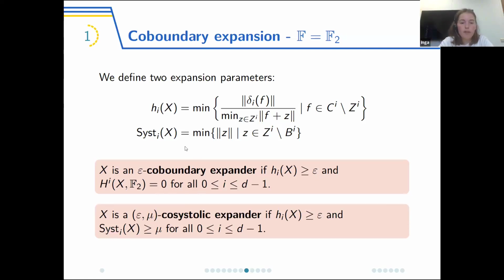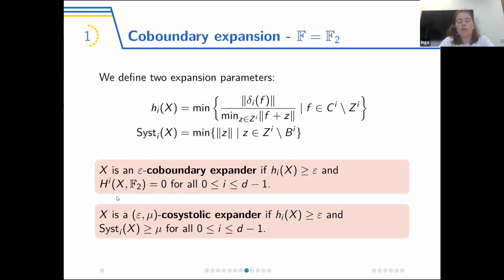And we call a simplicial complex an epsilon coboundary expander if this coboundary expansion constant is bounded by epsilon, and if all the cohomology groups are trivial. This is quite a strong assumption, that really these cohomology groups are trivial.